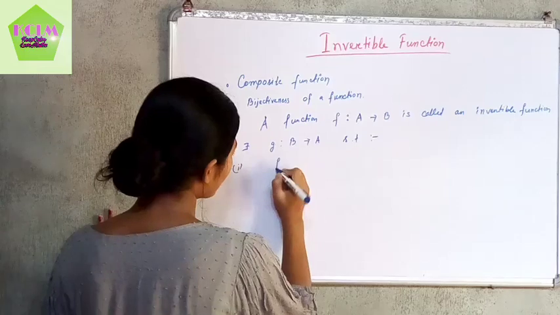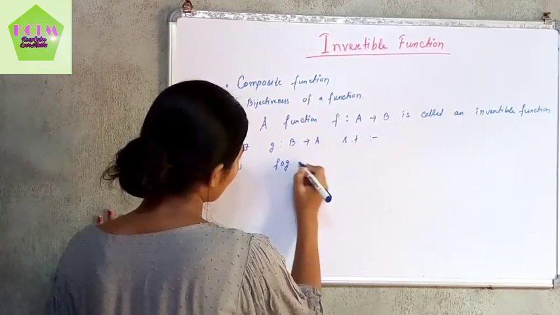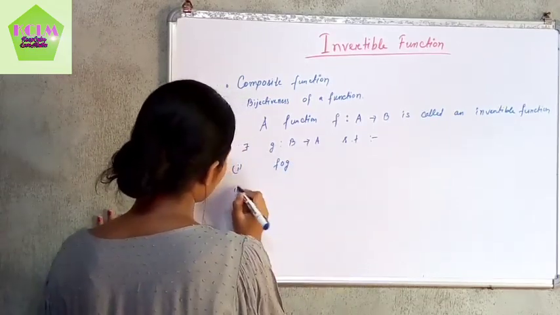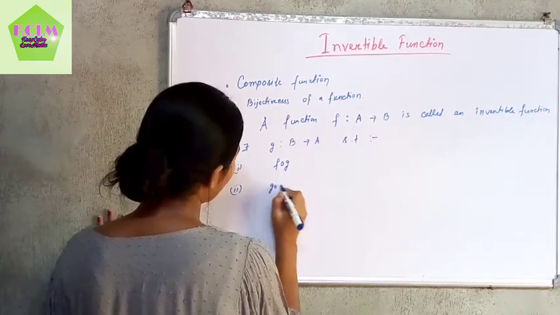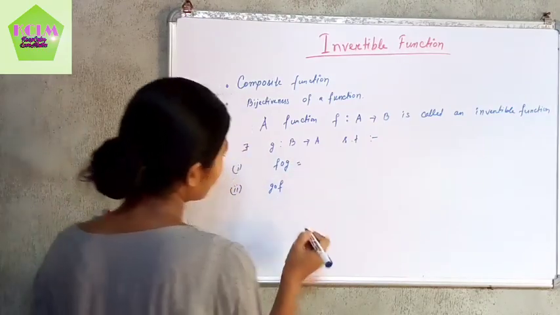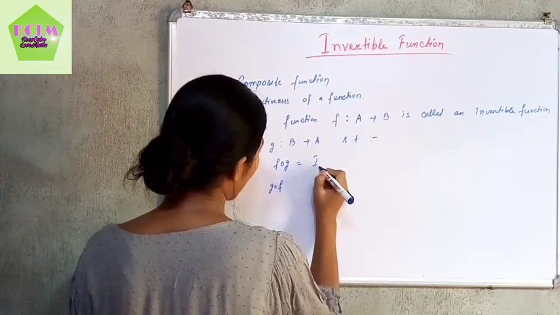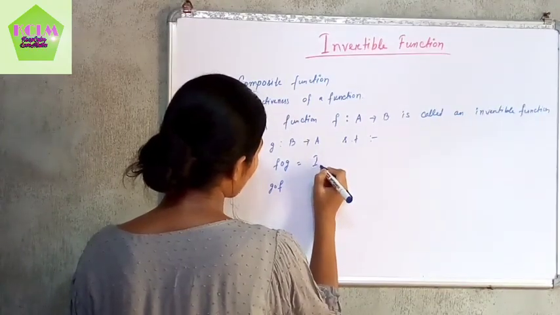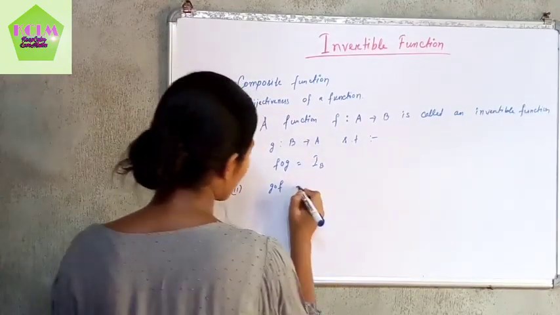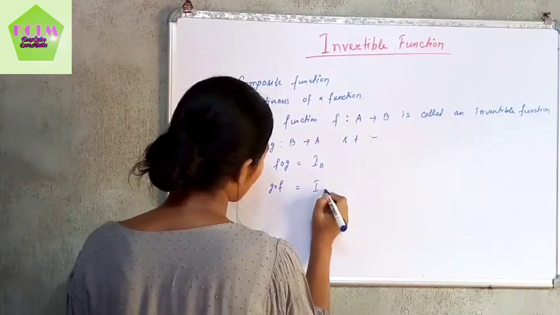The composite function f o g and g o f are equal to the identity function, on the domain B and on the domain A respectively.